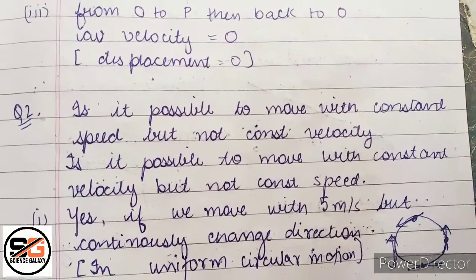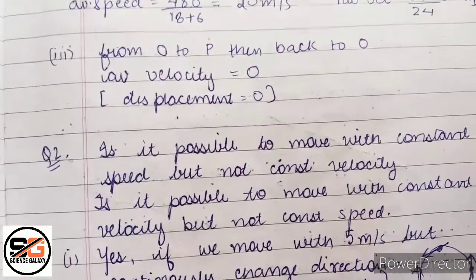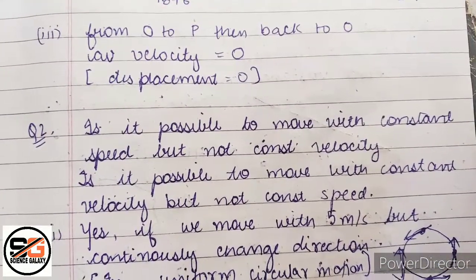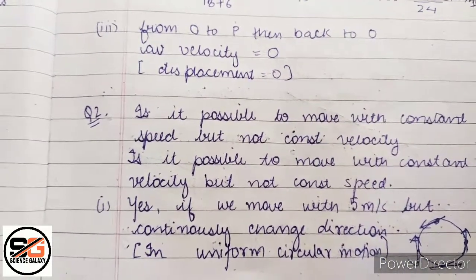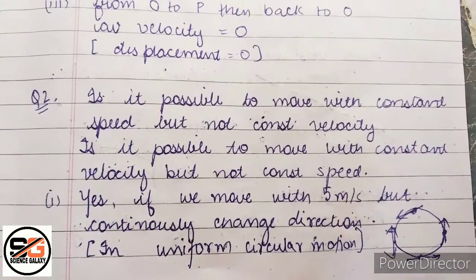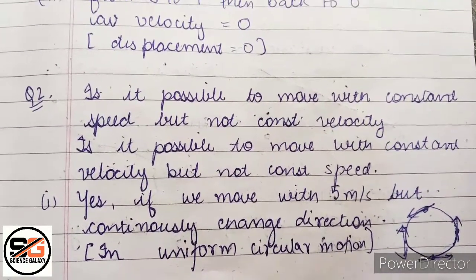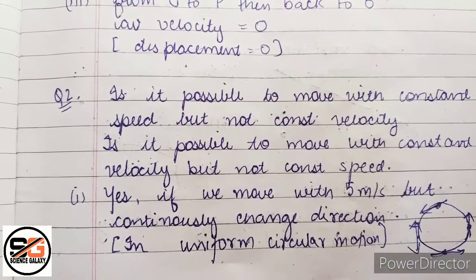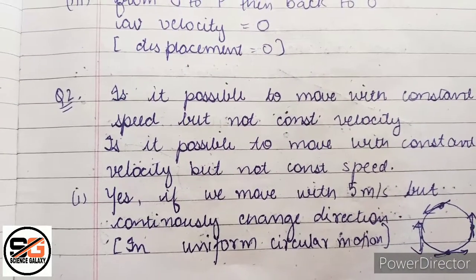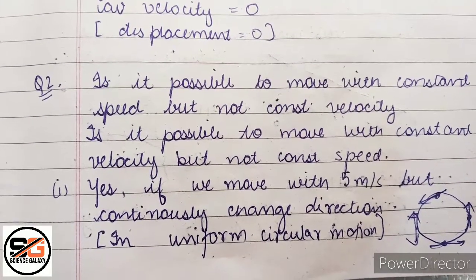What do we mean by speed? Speed is only the magnitude, while velocity contains magnitude as well as direction. So it is possible to move with constant speed. For example, I am moving with 5 meter per second, and if I change my direction continuously, speed is a scalar quantity and does not depend on the direction.